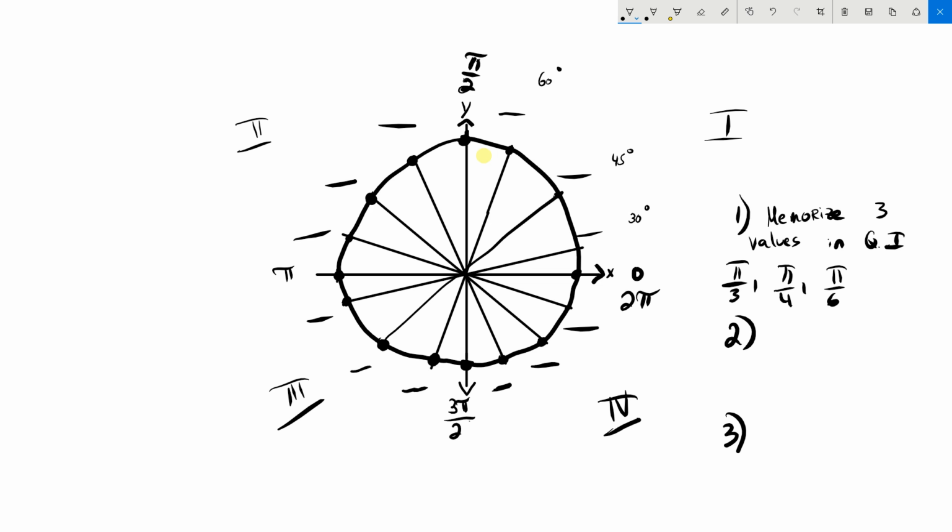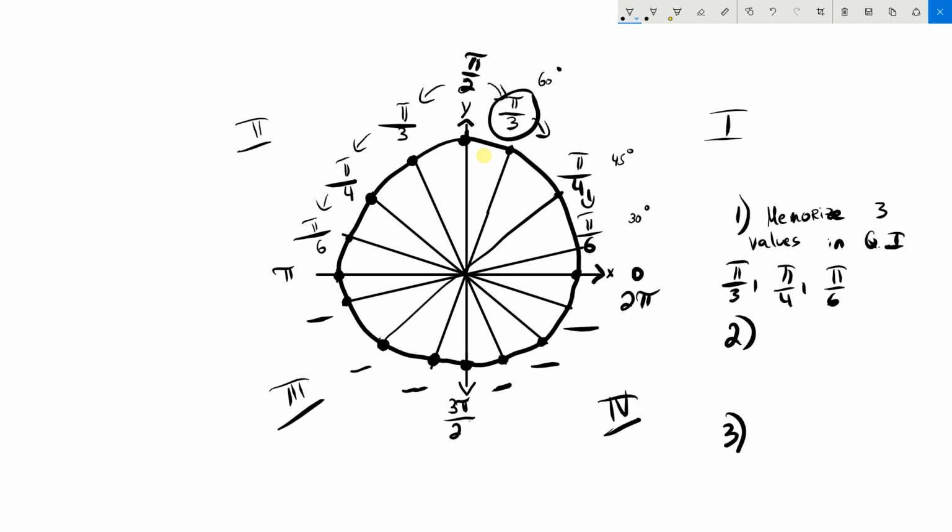One of the patterns I found is that to the left and to the right of that, we can find our pi over 3's. And again, to the left and to the right of that, increases to pi over 4. And once more, it goes to pi over 6. So it's 2, and then 3, 4, 6.